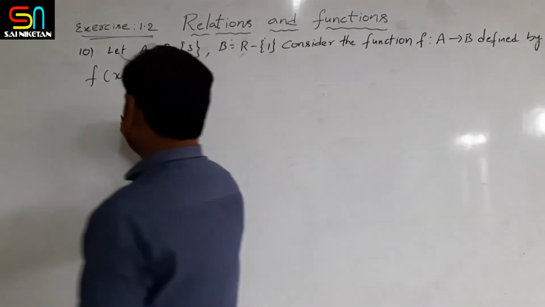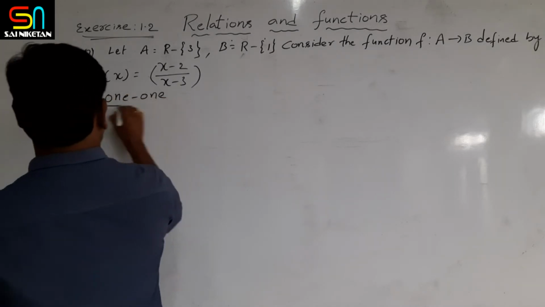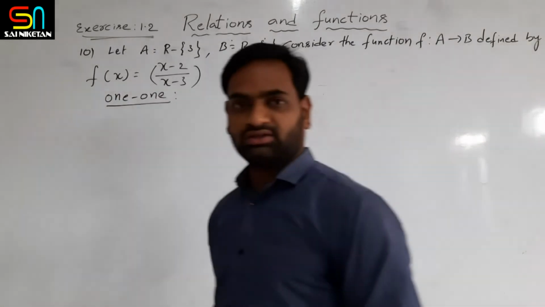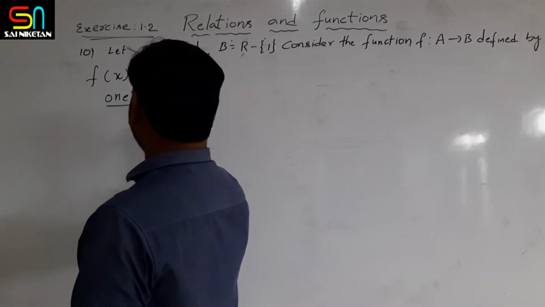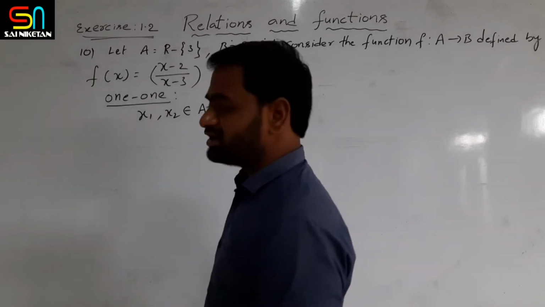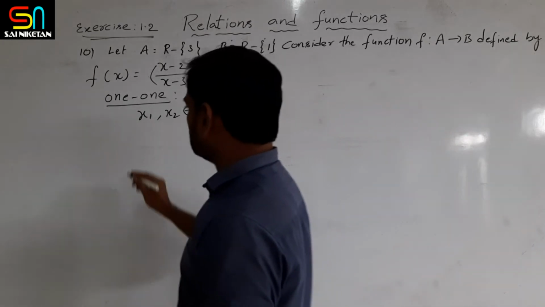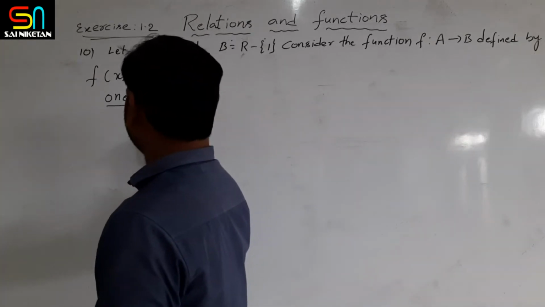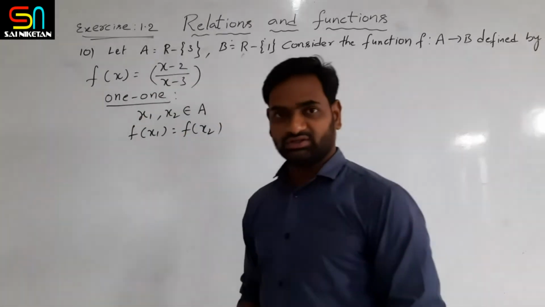Okay. Now, first I'm writing 1-1. Already I gave the condition. What I gave the condition is x1 comma x2 belongs to domain. What is the domain here? Capital A. Okay. Now which condition I have to take? f of x1 is equal to f of x2 I have to take condition.